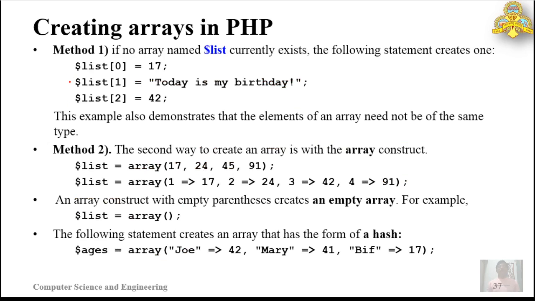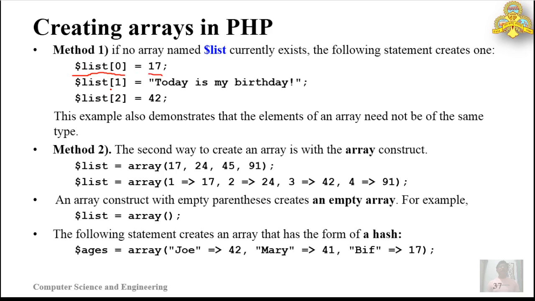Here is an example. If no array $list is declared already, then I can create it like this. That means straight away you start assigning by specifying the index, that is the key. The 0th element in the array list is 17.